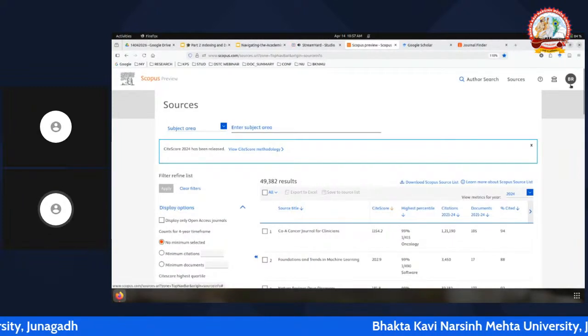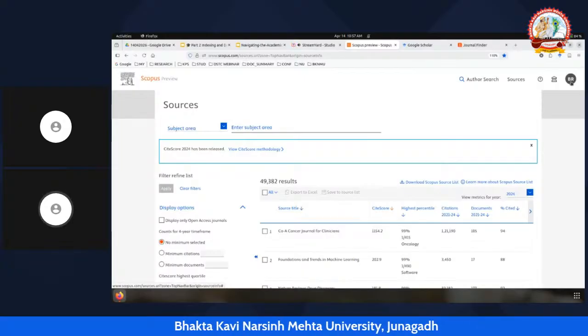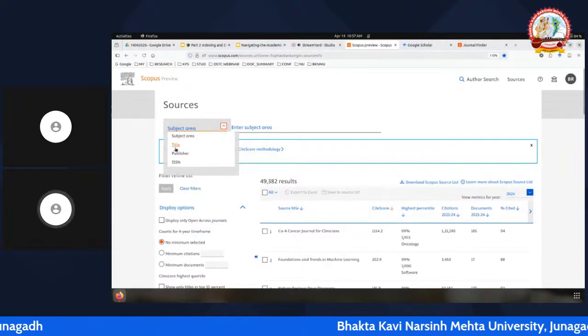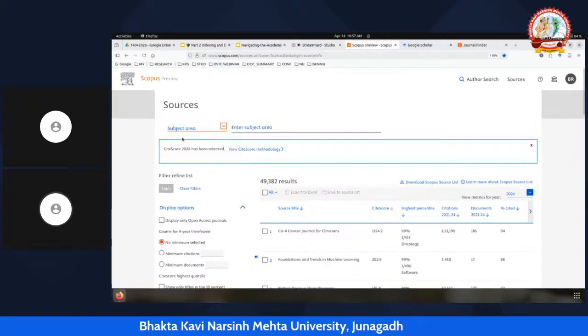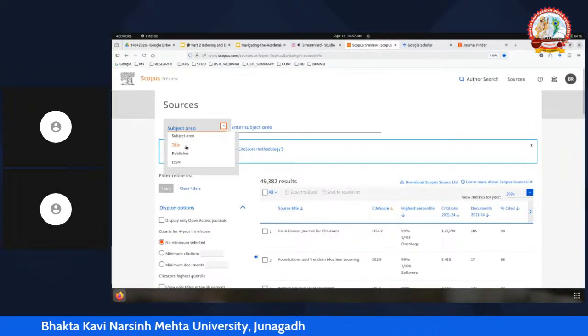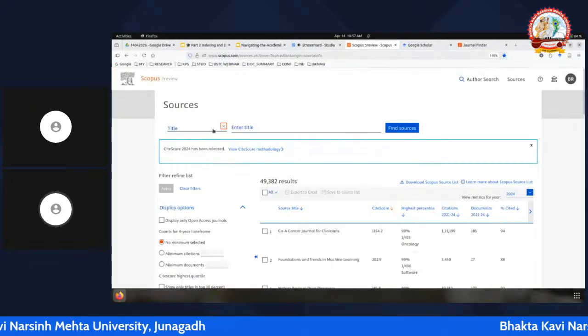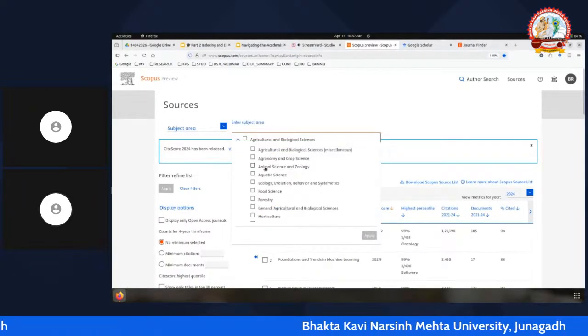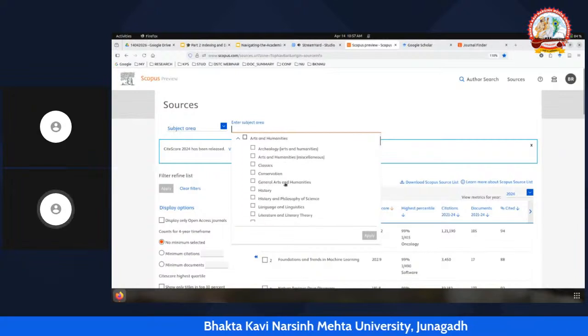You have institutional registration login credentials or personal login credentials. You can search from here. Say for example, here we have criteria. You can search with this particular criteria: subject area, title, publisher, or ISSN. Say for example, I'm using subject area. So here we have so many subject areas.